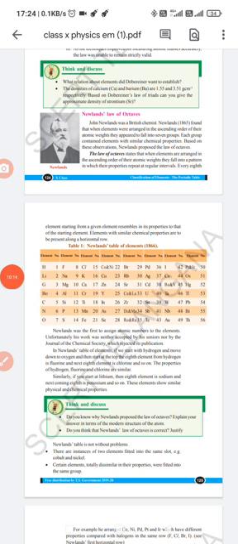So here Newlands was the first to assign atomic numbers to the elements. Who gave atomic numbers to the elements first? Newlands. But unfortunately his work was neither accepted by his seniors nor by the Journal of the Chemical Society, which rejected its publication.